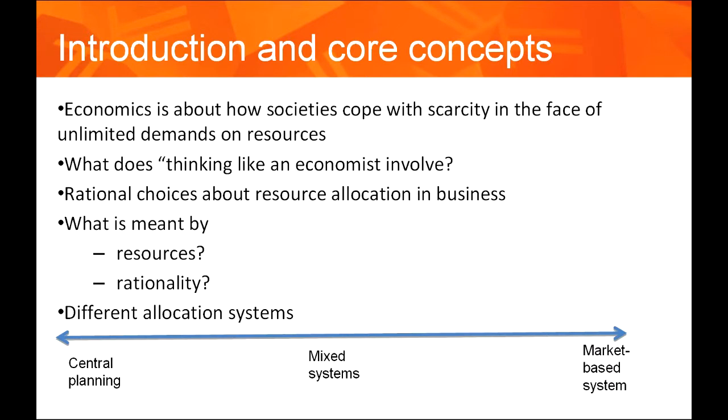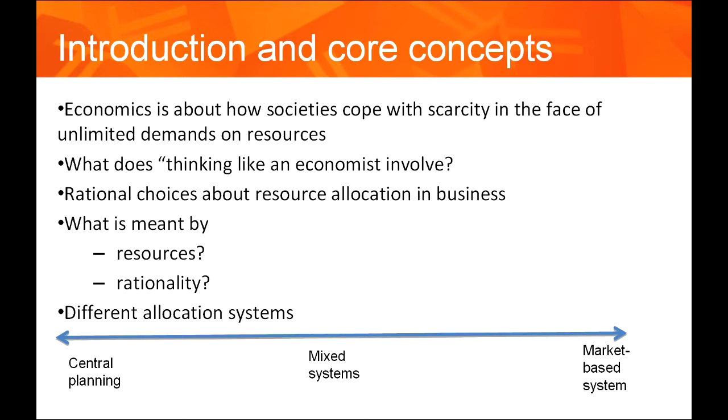If you look at this spectrum below the blue line here, on the left-hand side, we have economies that are planned through government edict or through central planning processes, dictatorships if you like, whereas on the right-hand side, market-based economies rely very heavily on the market system where prices allocate resources.